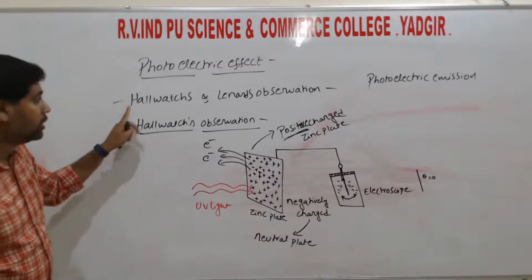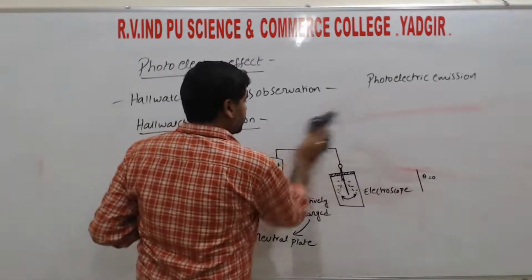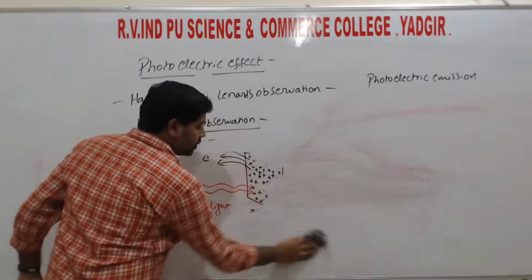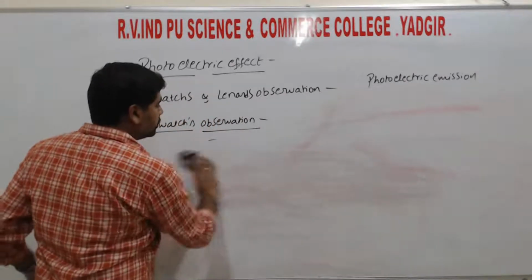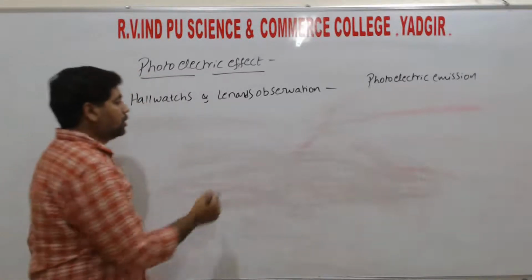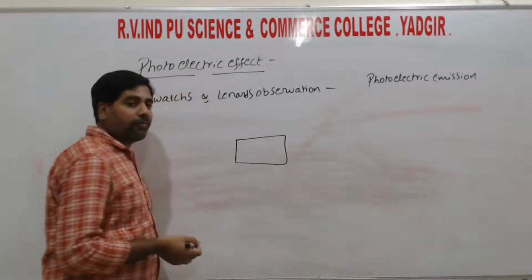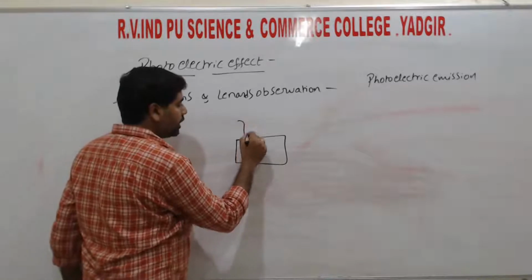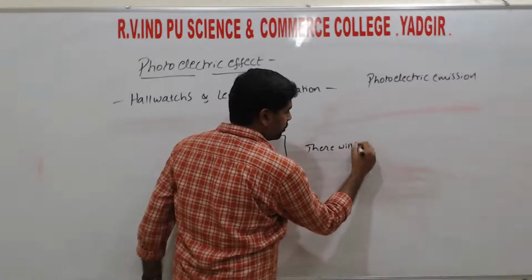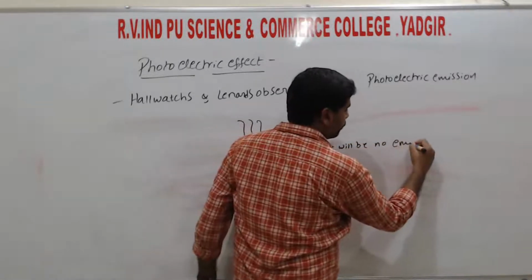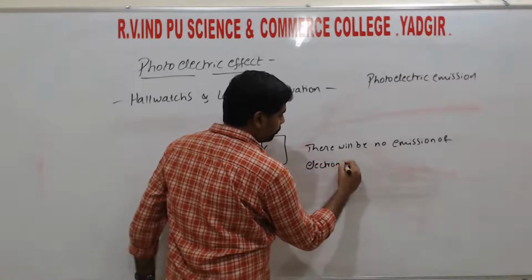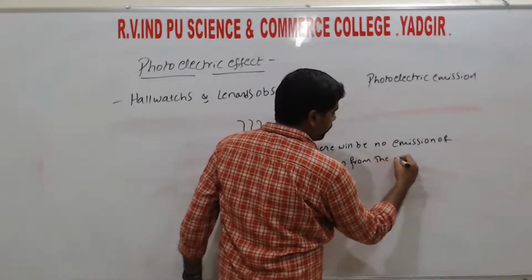Further, Hallwachs and Lenard together observed that if any metal surface is there, when light is incident on this metal surface, there will be no emission of electrons from the metal surface.